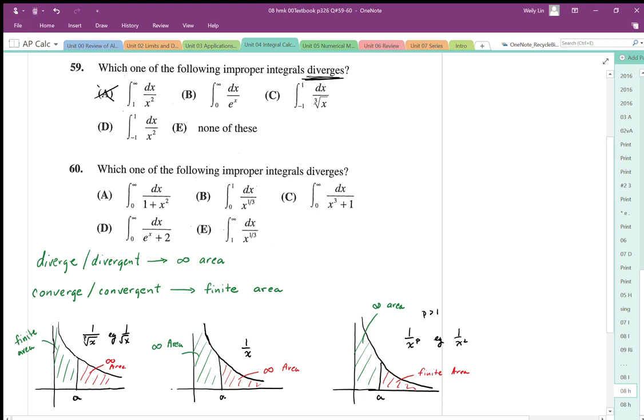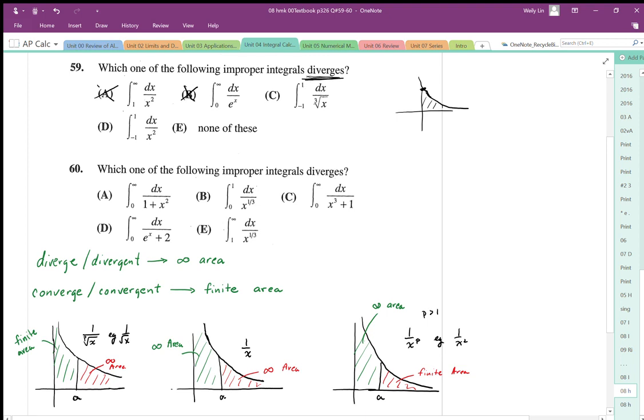From 0 to infinity, if we think of what a 1 over e to the x function looks like, it looks like this. Now it is pinched off at the top because it crosses the y-axis at 1, and it tends to 0 much quicker than a 1 over x squared function. That means this area must be smaller, so this must also be convergent.